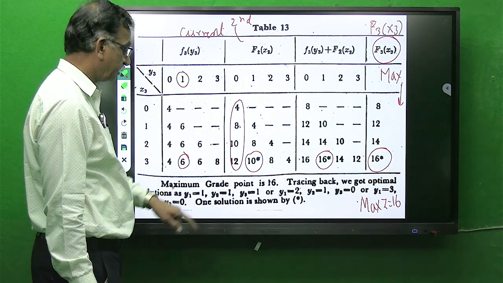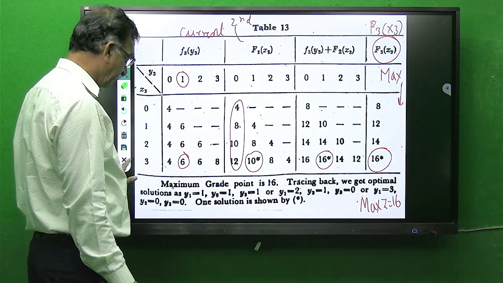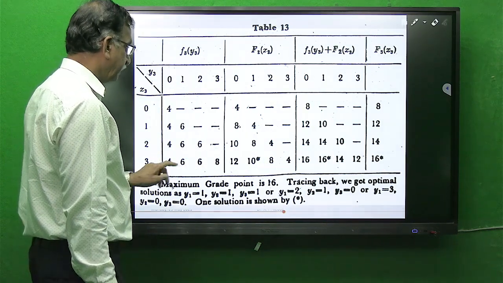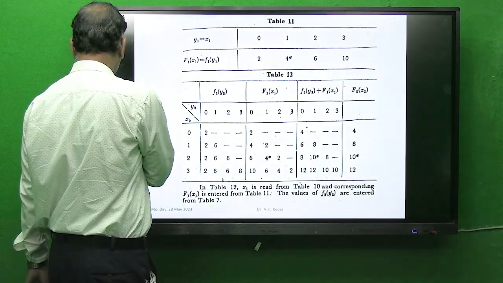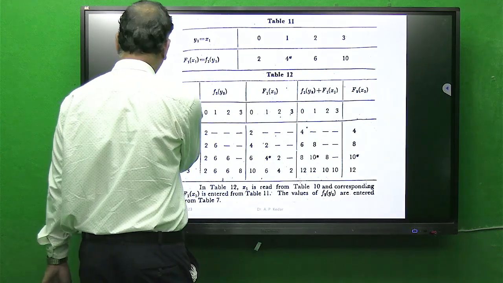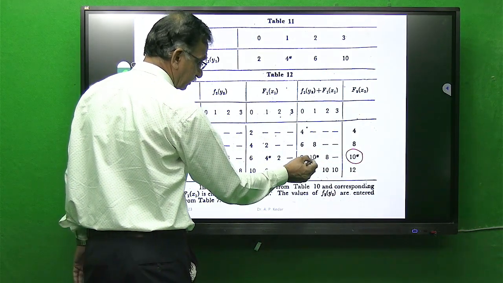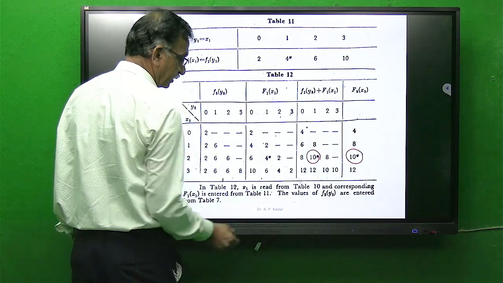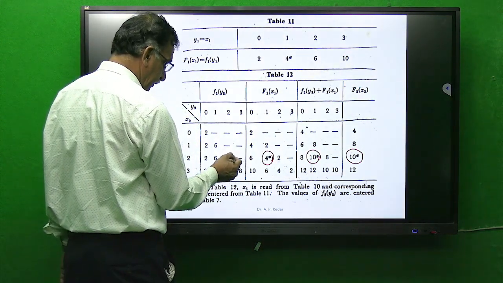Now we will backtrack 10. Principles of management for 1 day, we will backtrack 10. If you backtrack 10, so 10 is at this point. Backtracking 10, this 10 is sum of these 4 and 6.